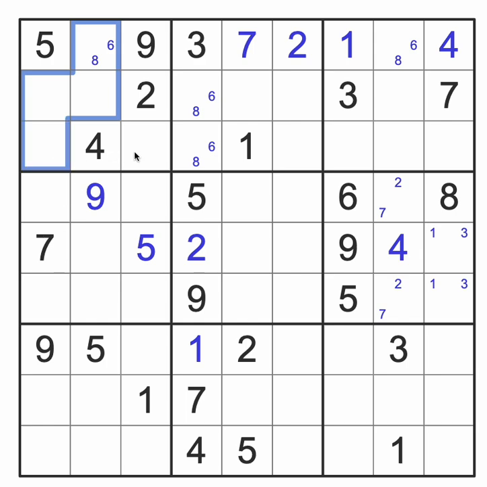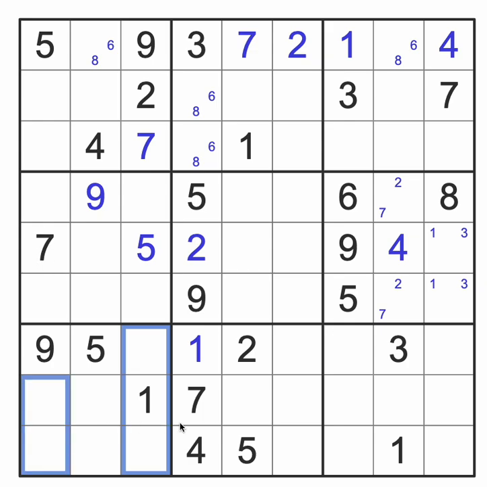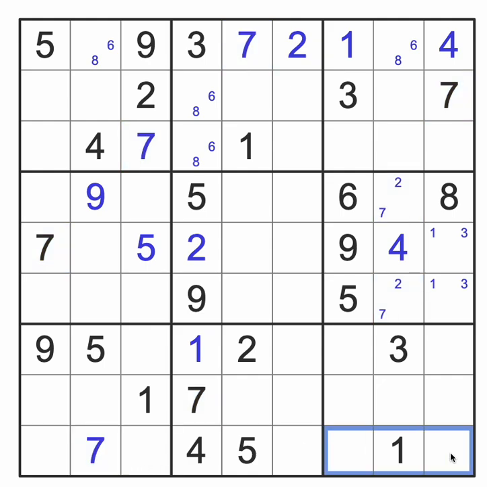This 7 blocks here, gives me 7 here. This 7 blocks here. This 7 blocks here. This 7 blocks this cell, gives me 7 here. And this 7 blocks here. This 7 blocks this line.